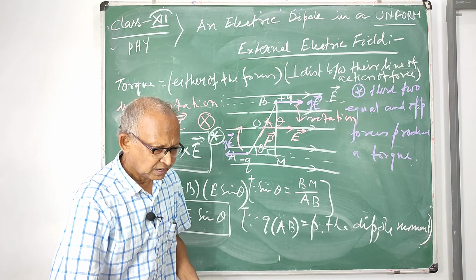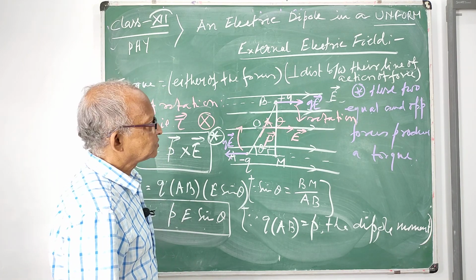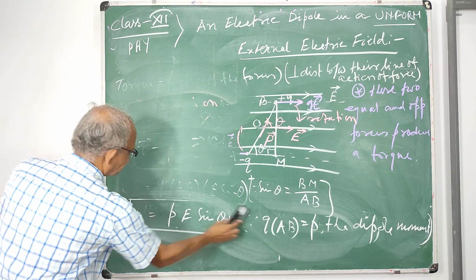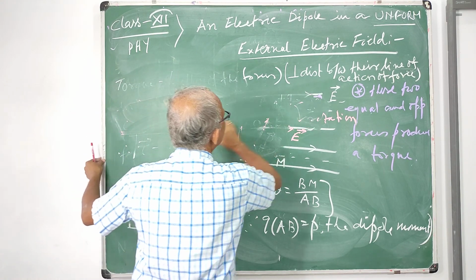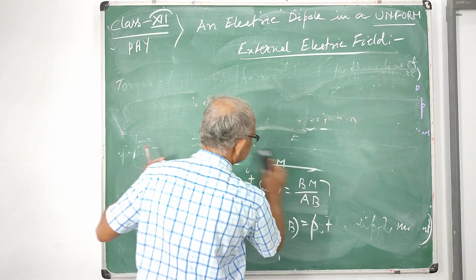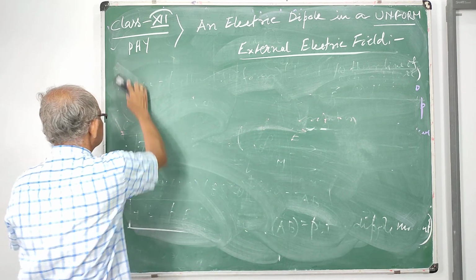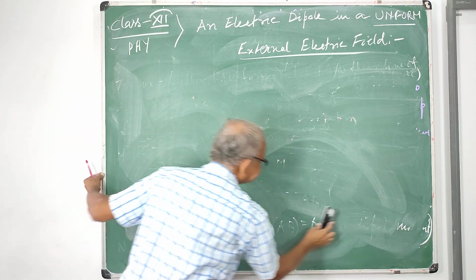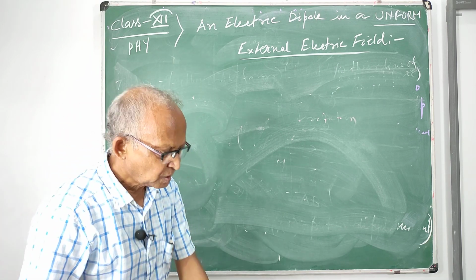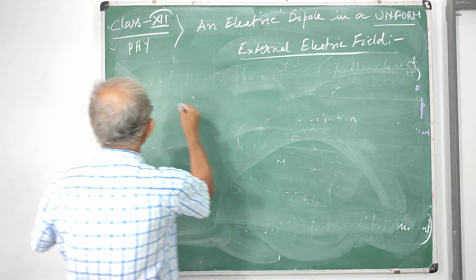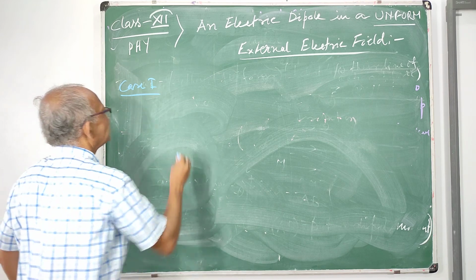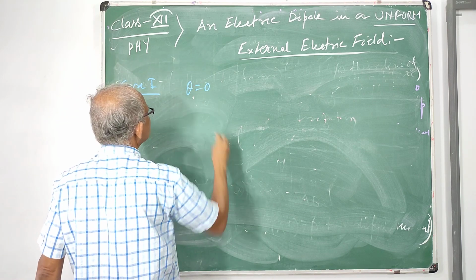Next we shall see the equilibrium of the dipole in such a case. Let us consider three cases. Case 1: theta equals 0.